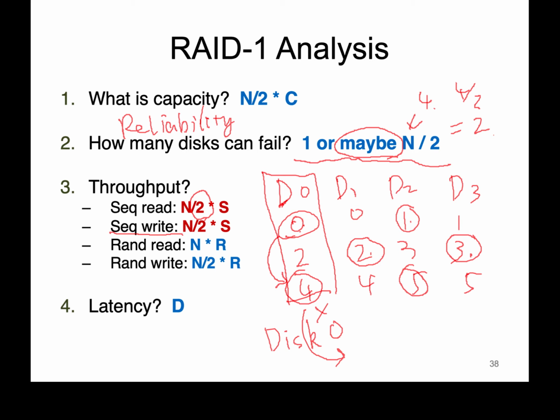You are not fully utilizing the whole sequential write bandwidth, but you can only effectively utilize half of it. So that is why you need to divide by 2, n times s divided by 2, to give you this effective sequential read and write bandwidth. Okay?